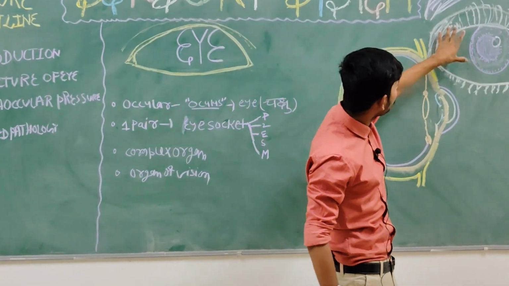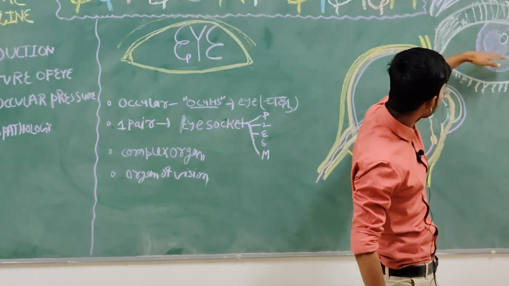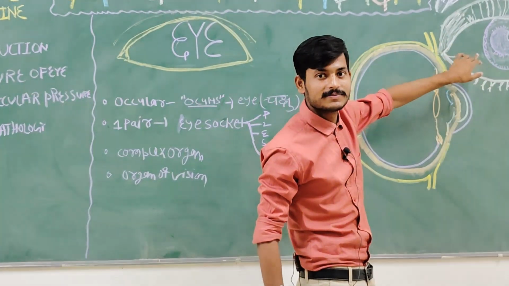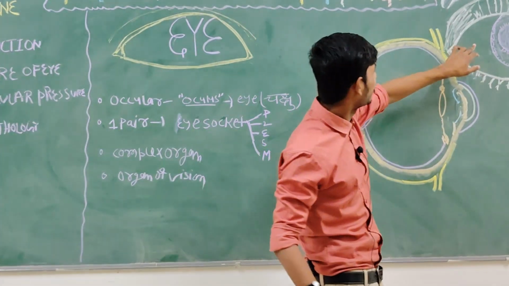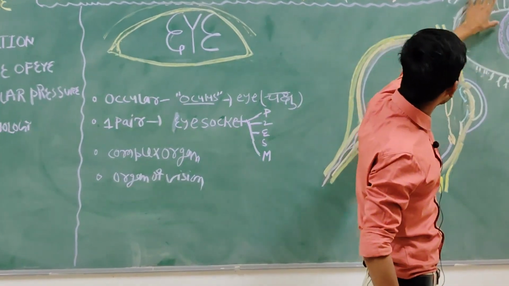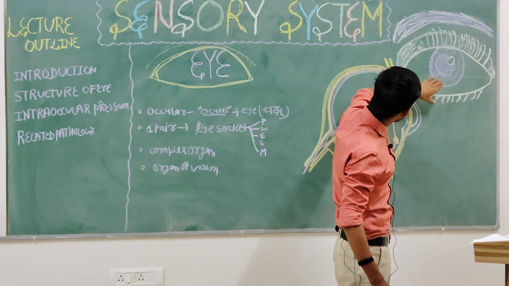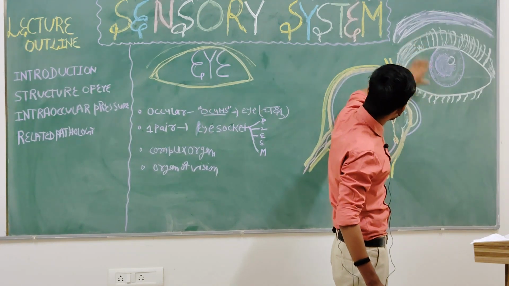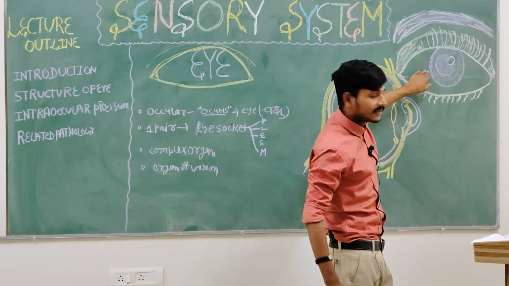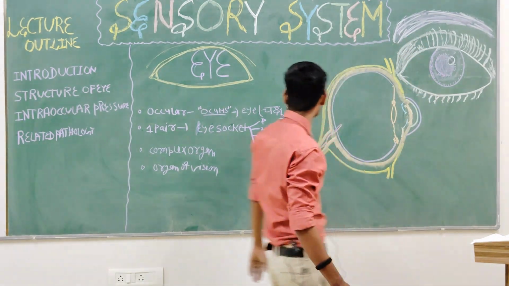It's partially covered on both sides, because this is an open eye. Is it a good diagram? Perhaps it's good. So these both cover the eye, and that's called the eyelid.